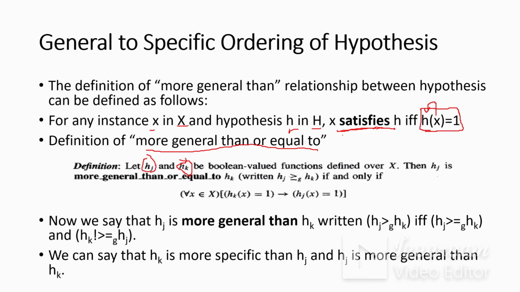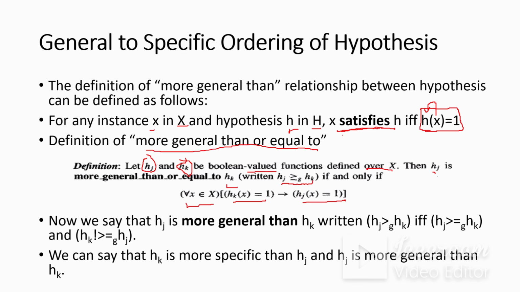Both these hypotheses are Boolean valued functions defined over the instance space X. Now we say Hj is more general than or equal to Hk if and only if for all instances small x belonging to capital X, if Hk of x is equal to 1 implies Hj of x is also equal to 1.